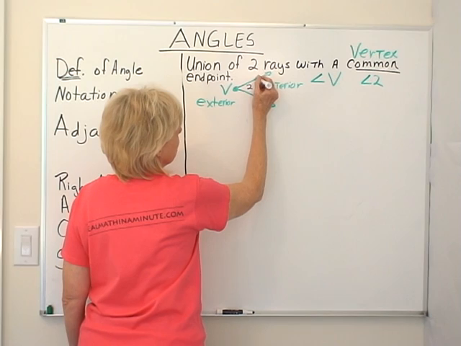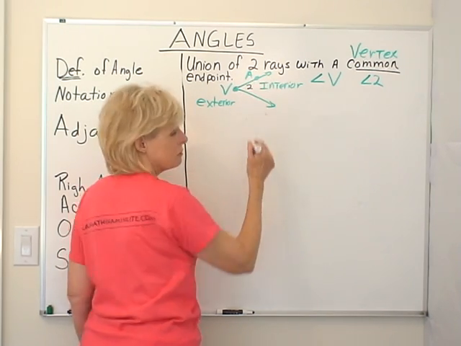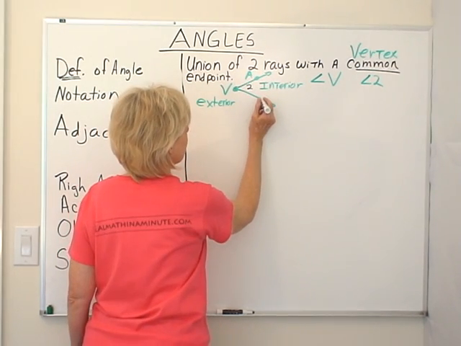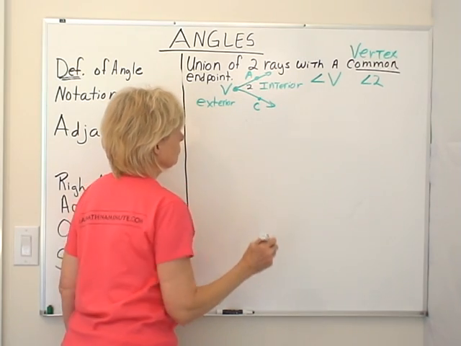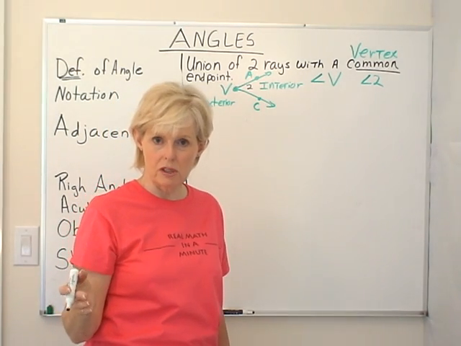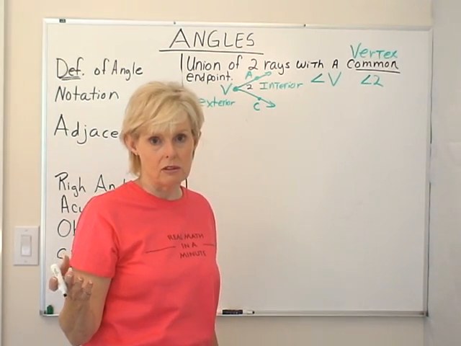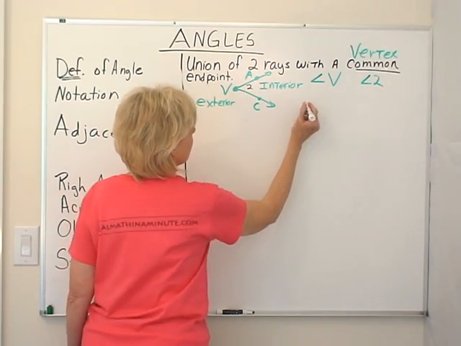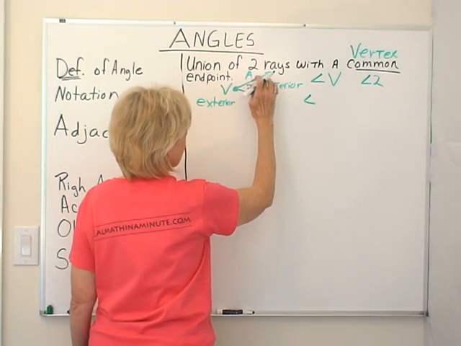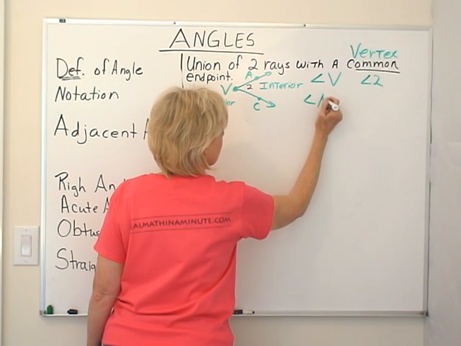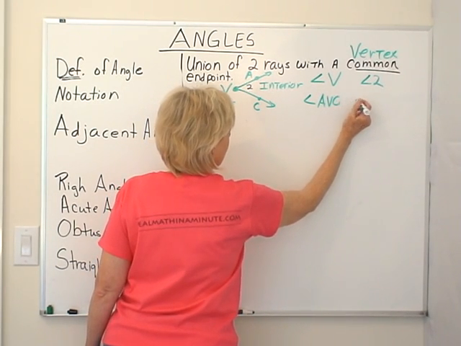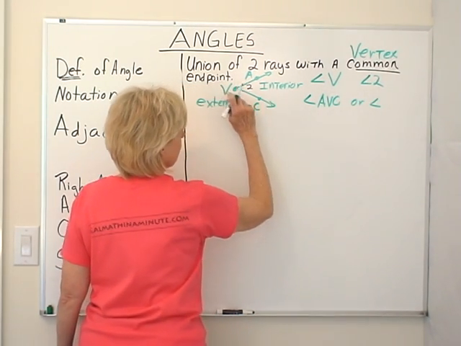Sometimes you'll see that there'll be a letter on one ray and a letter on another ray, and it'll be necessary to use all three of them for clarity. That's the only reason. So if that's the case, then I could call this the same angle, angle ABC, or I could call it angle CVA.